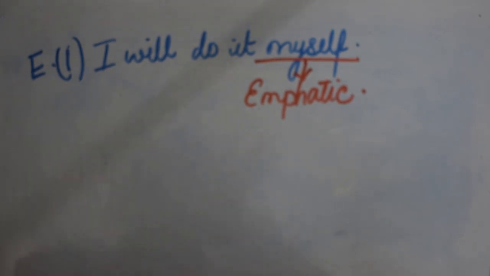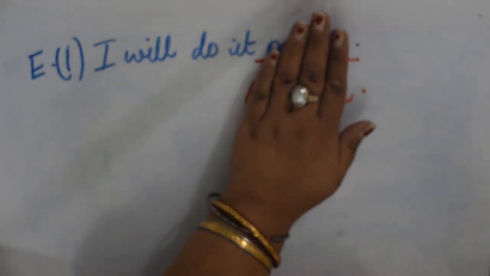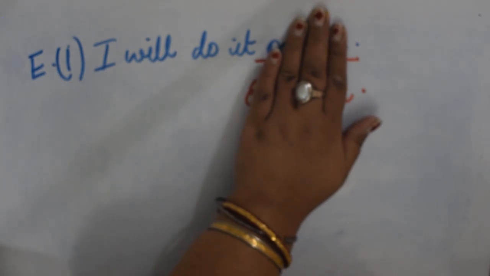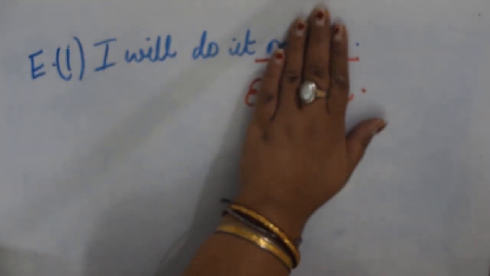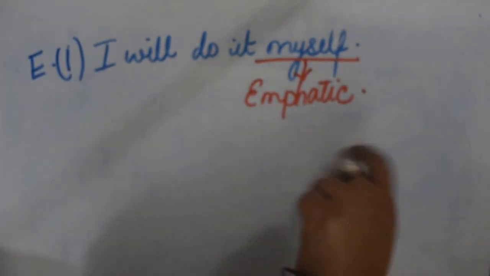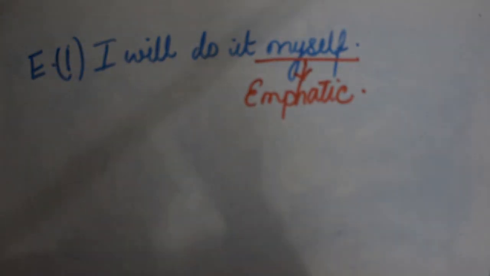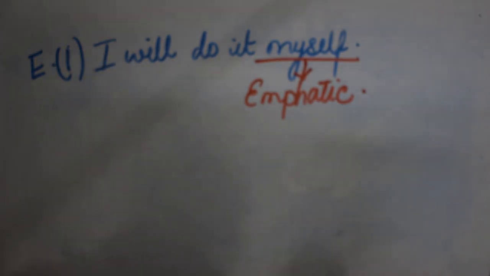If you omit the word myself, the sentence does not change its meaning. I will do it. The word myself doesn't make much difference to the meaning of the sentence, right? So myself is an emphatic pronoun.